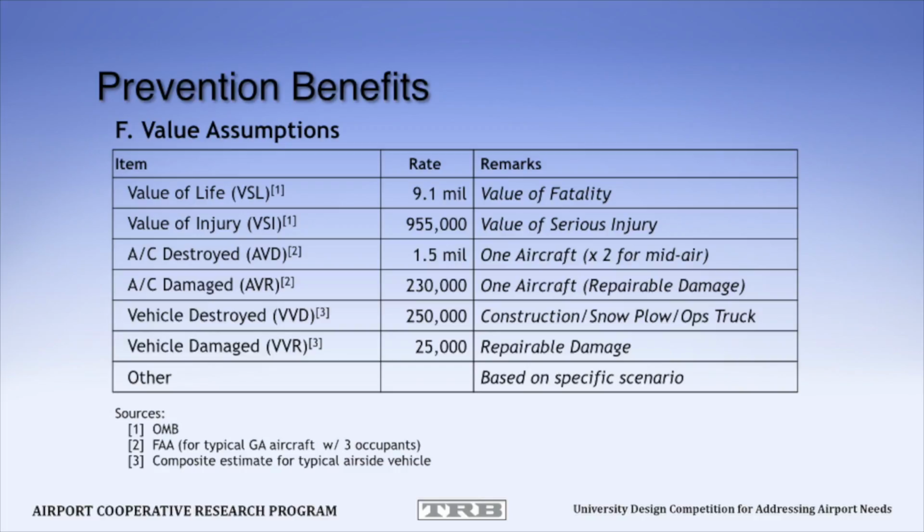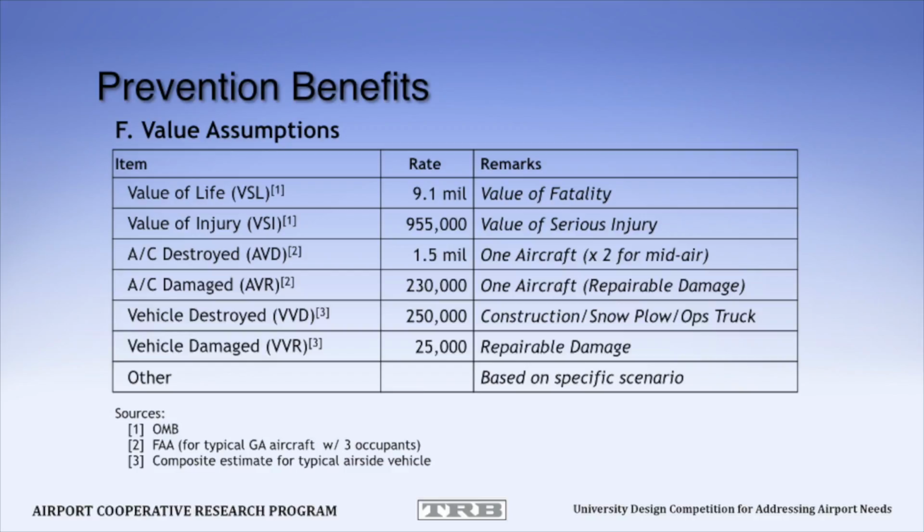The FAA actually uses, and actually the OMB, the Office of Management and Budget, publishes a number periodically that establishes an economic value of life. You'd be curious to know that your life is worth $9.1 million right now as a fatality that you can add to the benefit if you assess the idea that you're going to be saving lives.